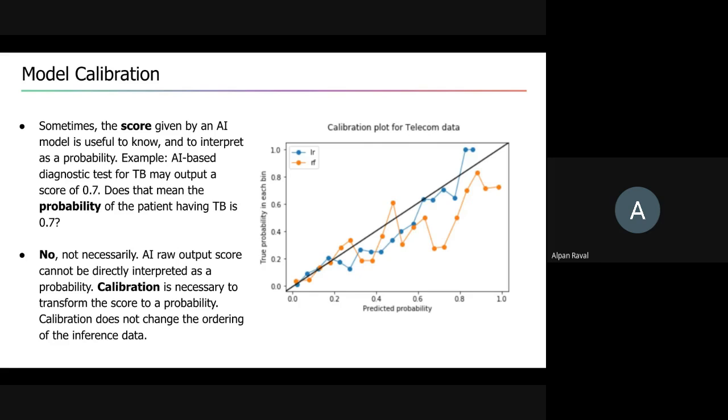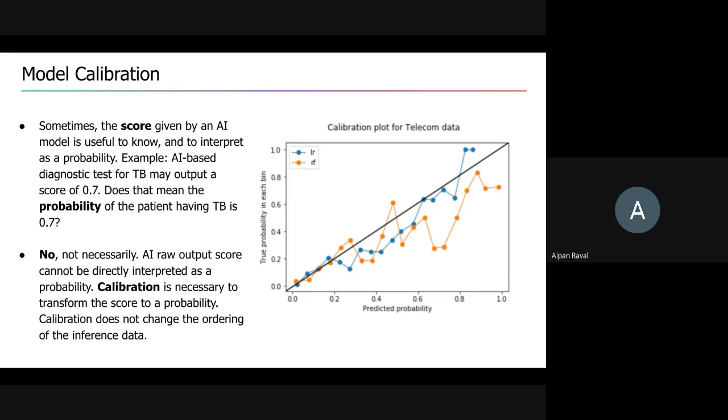So what we often do is model calibration, where you transform this risk score to a probability. I'm not going to talk about the mathematical aspects of this transformation, but essentially you ensure that if your risk score is, say, 0.65, then you really do have a 65% chance of having that outcome.